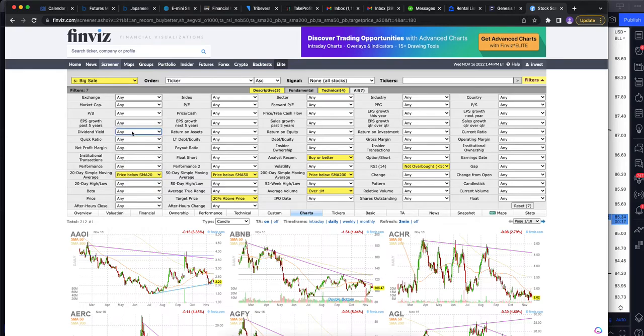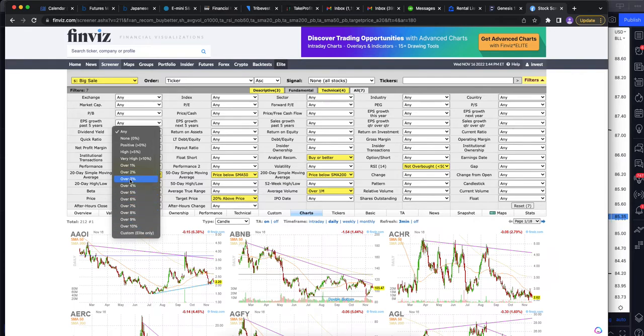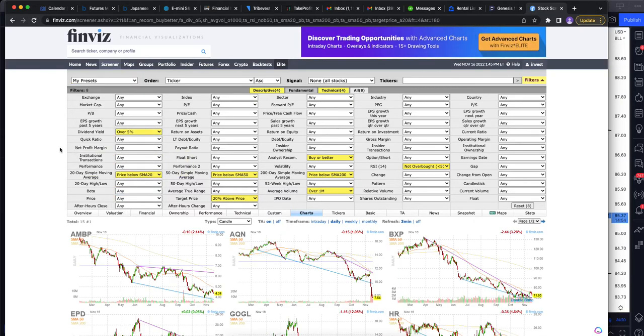All right, and let's say for instance we want to look at dividend yield, let's say over 5%, just to see what pops up right now.